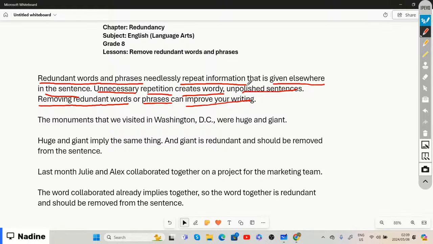Words like huge and giant are unnecessary.